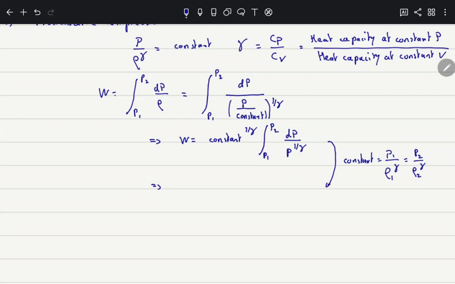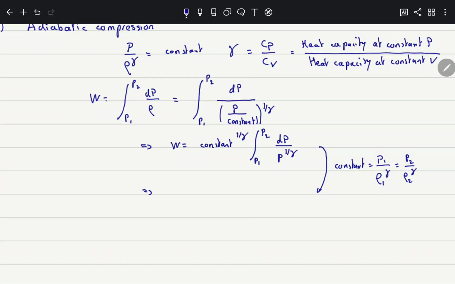And we're going to keep P1 over rho 1 to the power of gamma, and the whole thing, of course, to the power of 1 over gamma. Let's not forget that.